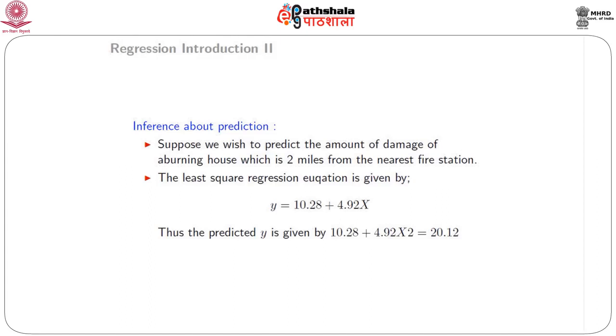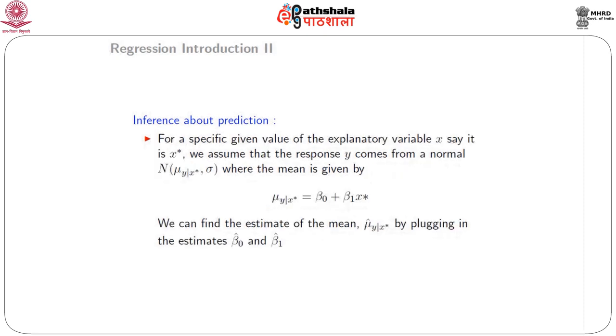And we wish to predict the amount of damage of a burning house which is 2 miles from the nearest fire station, which means the distance, our independent variable, takes the value 2. So, plugging in that value of x here, the predicted y is given by 20.12.